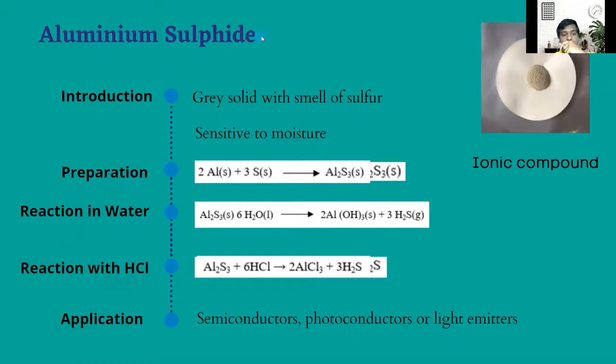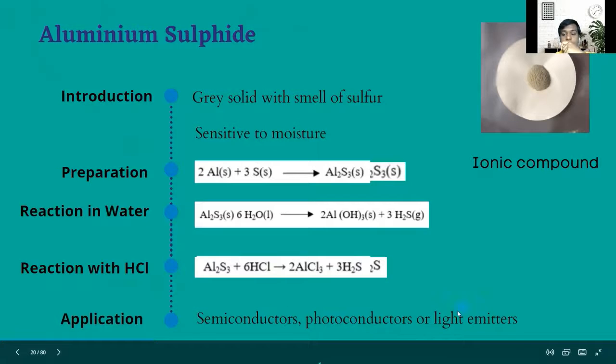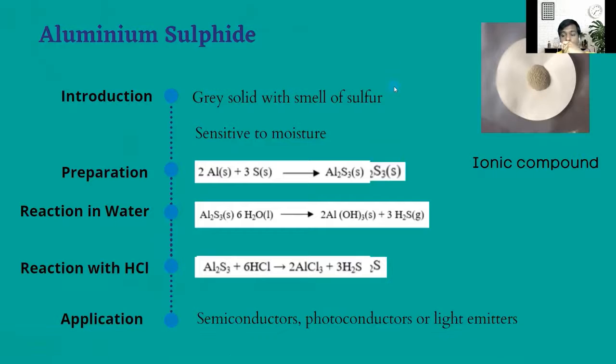Aluminium sulfide can also react with hydrochloric acid, and the reaction will produce 2 aluminium trichloride and 3 hydrogen sulfide gas. Aluminium sulfide can be used as semiconductors, photoconductors, or light emitters. This compound is an ionic compound, and as we can see here, this is an example of aluminium sulfide, which exists in the form of a gray solid.